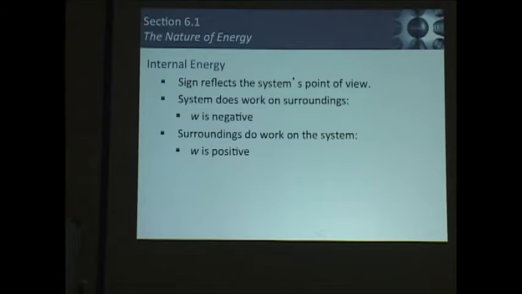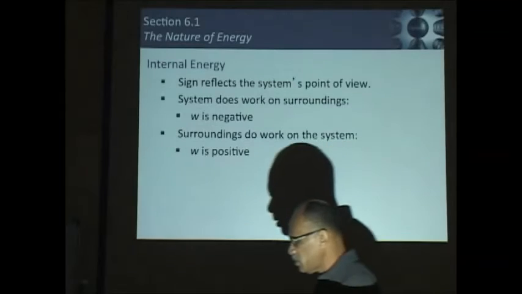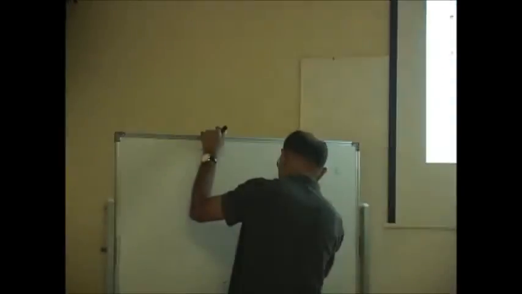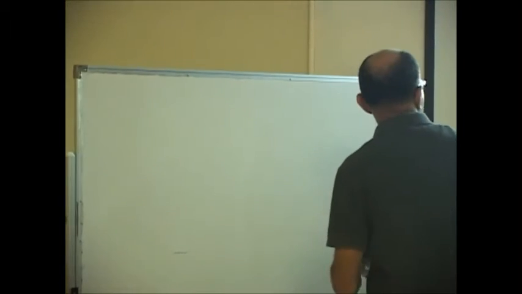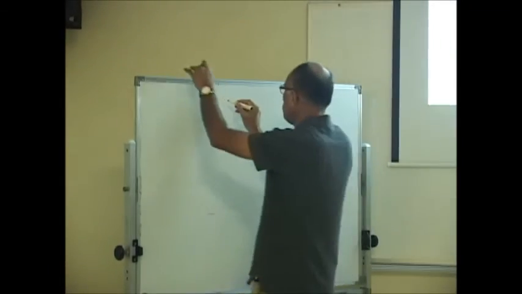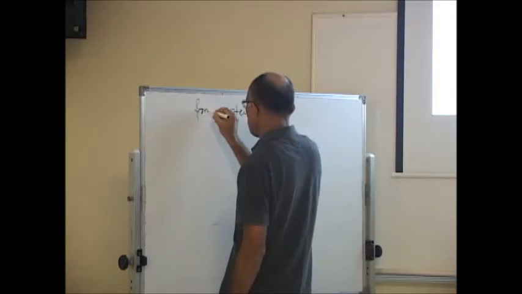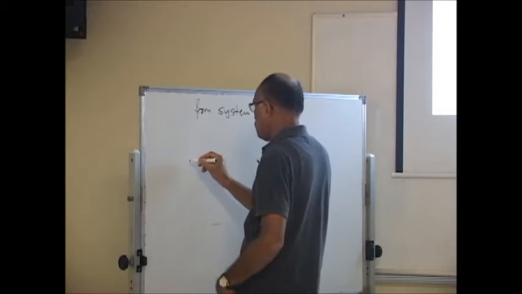So the sign reflects a point of view, and when you look at work from the system's point of view, the slide says that work done on the system is negative, and work done by the system is positive. Sorry, I have to make this clear in the statement that is on the slide.